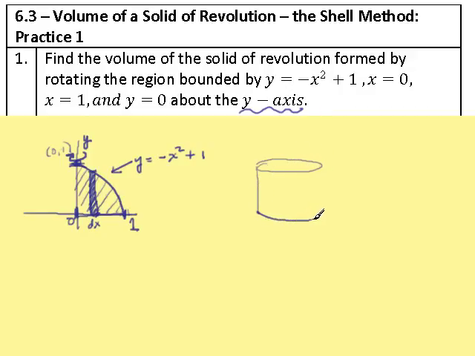Let me just draw a picture of a cylinder. And here's the original rectangle that was rotated about the y-axis. So we get this little shell, or a cylinder that has some thickness to it.